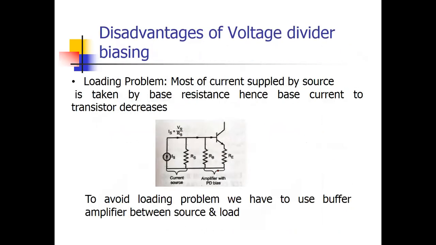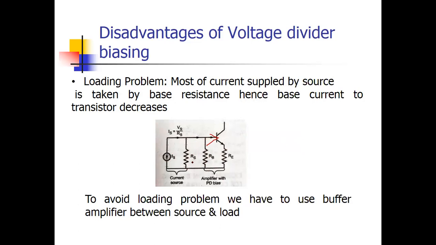A disadvantage is a little bit of a disadvantage. The first disadvantage is the loading problem. What do you mean by loading problem? Loading problem is that the maximum current supplied by the source is taken by the resistance RB. If the resistance takes all the current, then minimum current will flow here, because in the fixed bias there was nothing here.